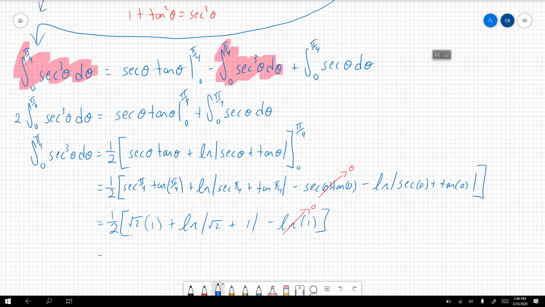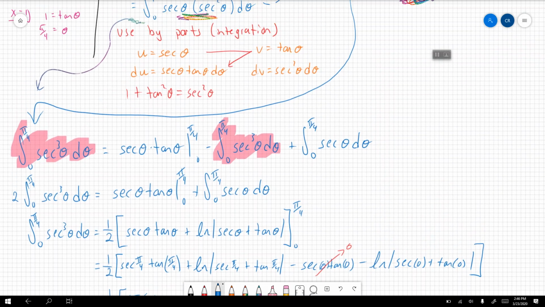Which means this integral actually just evaluates to this really nice root 2 over 2 plus 1/2 multiplied by natural log of square root of 2 plus 1. Look at that. Wow, that is beautiful.